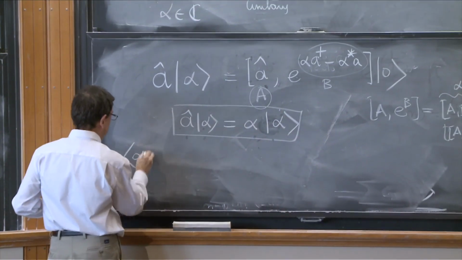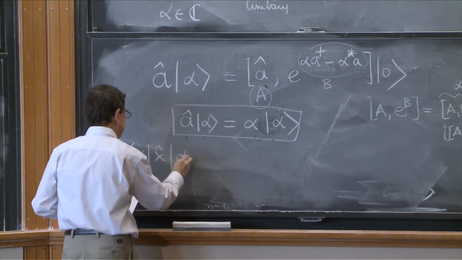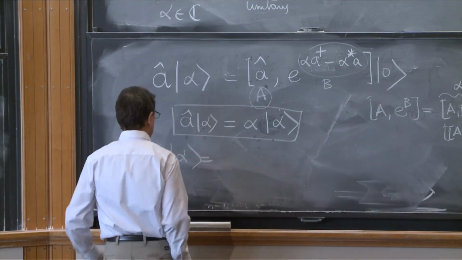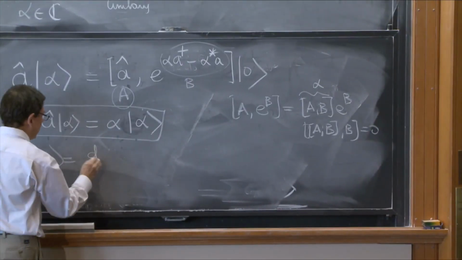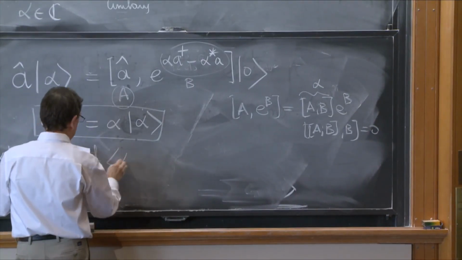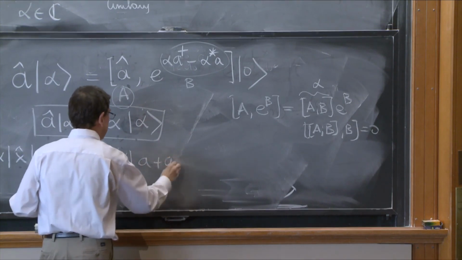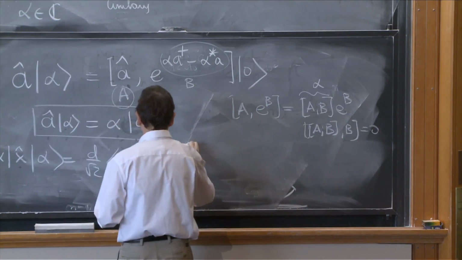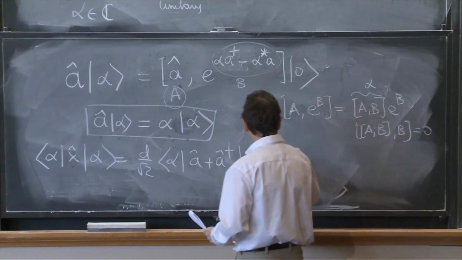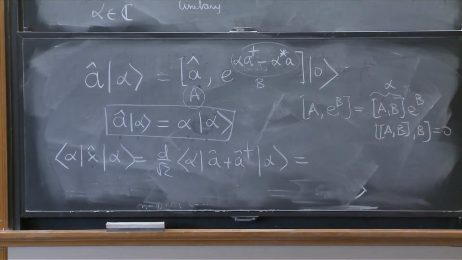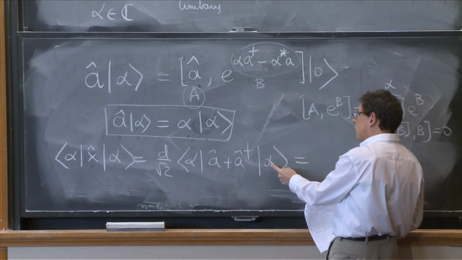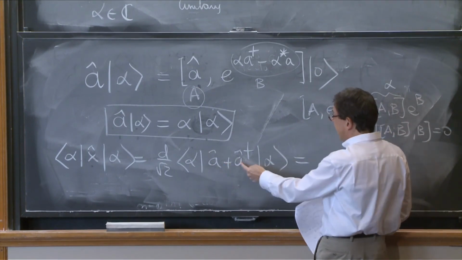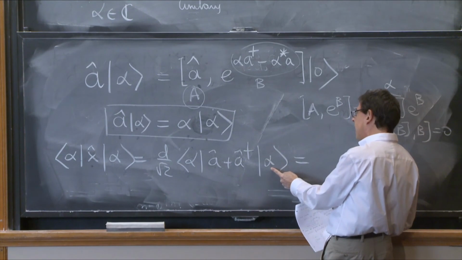In fact, we can do this as follows. You can ask, what is the expectation value of x in this state? Well, x is written here, is d over square root of 2 times A plus A dagger, in the state alpha. And look, these are easy to compute. A on alpha gives you alpha. A dagger on alpha, you don't know what it is.